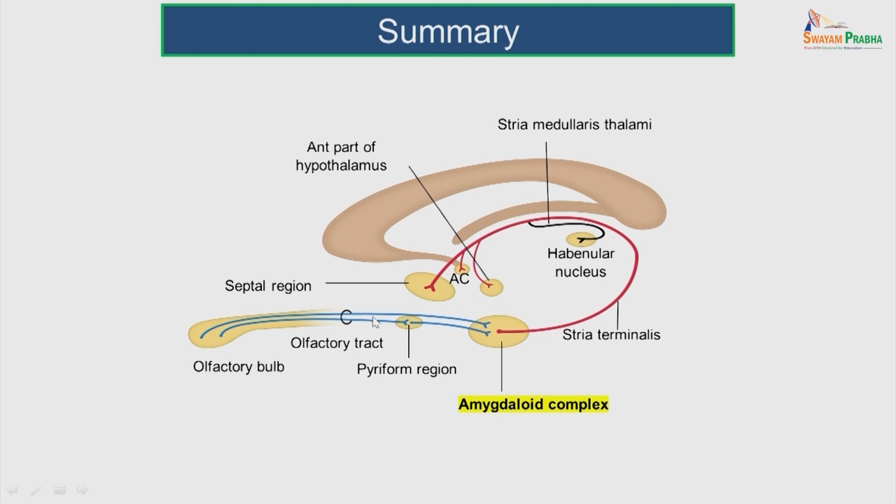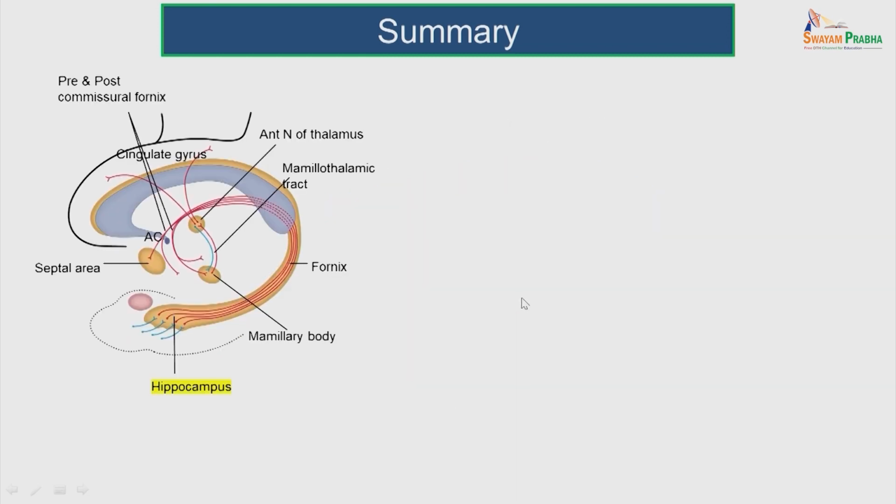Amygdaloid body receives from the olfactory area through the stria terminalis. It is connected to the anterior part of the hypothalamus, the septal area and to the habenular nucleus. Okay. And here the hippocampus, through the fornix, is connected to the mammillary body.